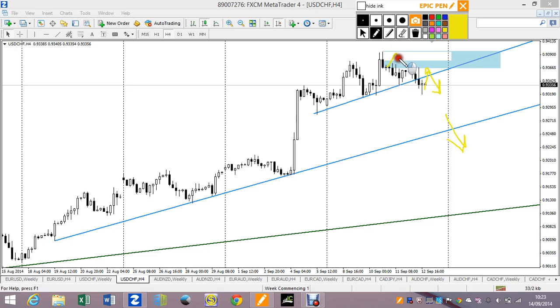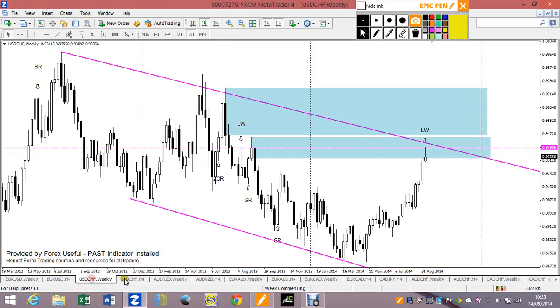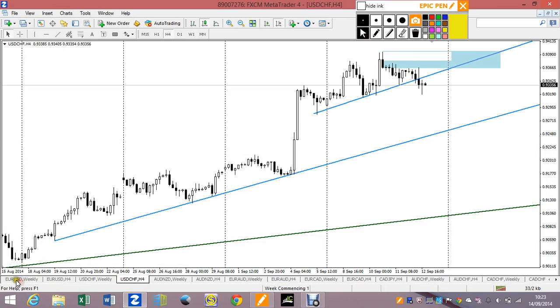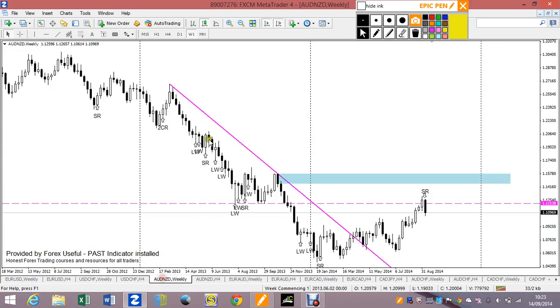This zone up here again is where sellers stepped in. So if we don't get a retest in the trend line, a retest up in this area here could be good for a short. And as I say, I prefer that setup to the euro dollar setup. But we're going to keep them both on the radar for the coming weeks, because you never know which one might play out, if any.